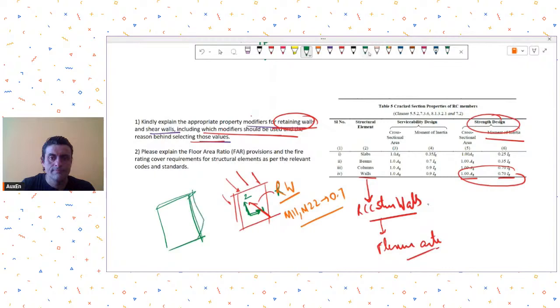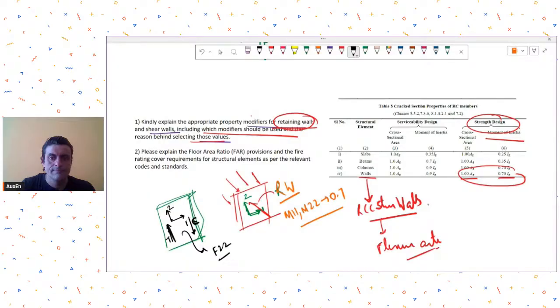Shear walls technically take the in plane loads, in plane moments. Now, in plane moment, you cannot directly specify by this M11, M22, because M22 are out of plane moments. So, therefore, in shear walls, you may give the F22 modifier. The reason for giving F22 modifier is that the moment can also be thought of as being taken by this tension compression couple.